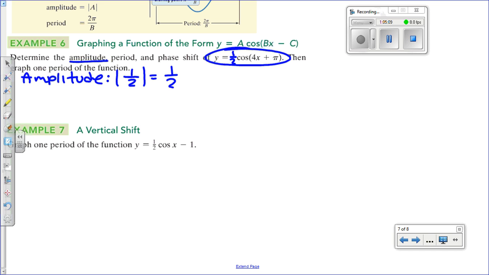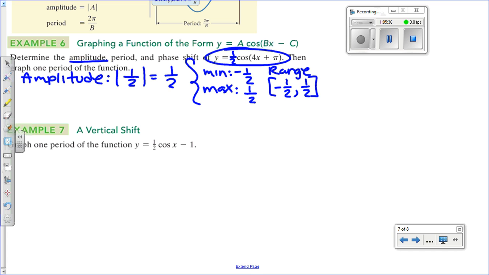Now we could tell that there's no vertical shifting, so the minimum y value will be negative 1/2, and the maximum value will be positive 1/2. Now what we could also tell from here is that the range will be from negative 1/2 to positive 1/2, including those two numbers.